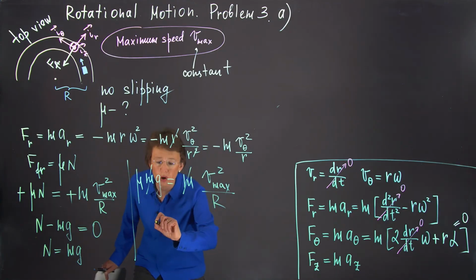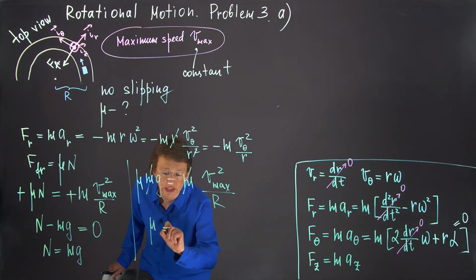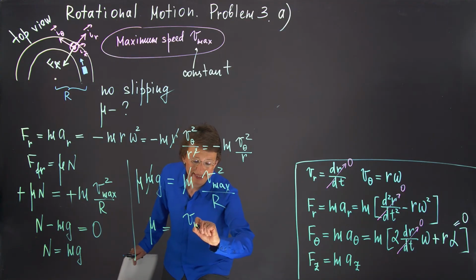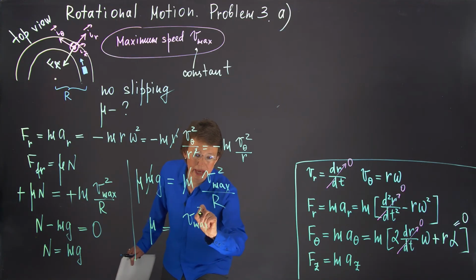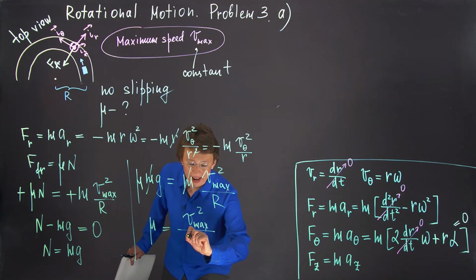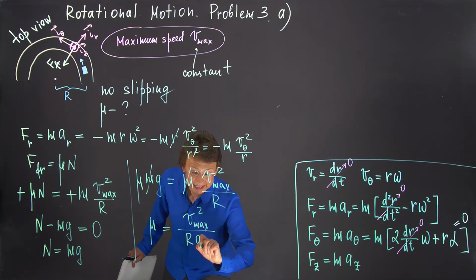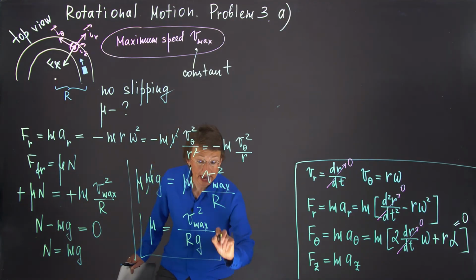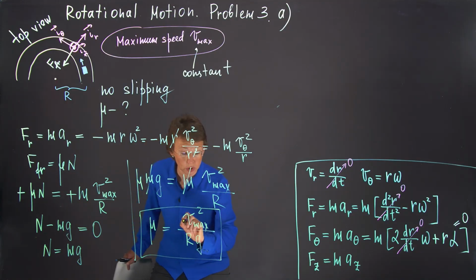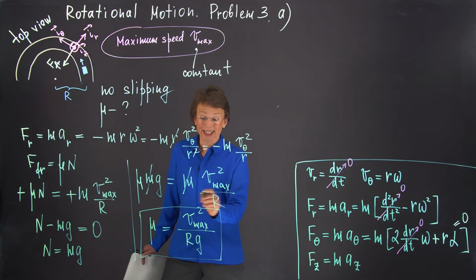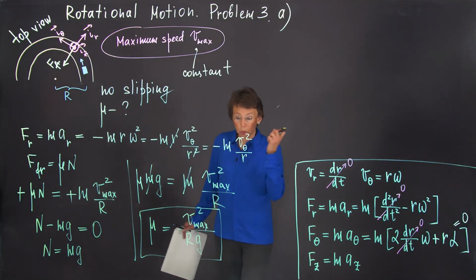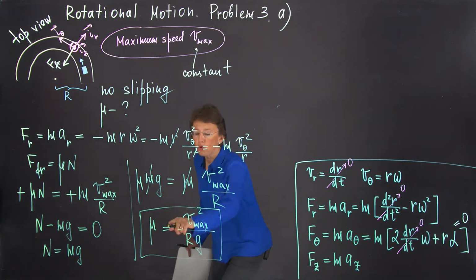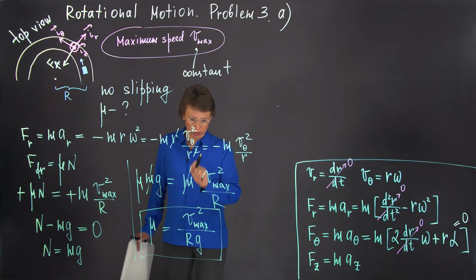So what is mu, the coefficient of friction that we are looking for? It is V maximum squared divided by r and g, the acceleration of gravity. We have the unknown mu on the left, and all known quantities on the right. Is the dimension right? Mu is dimensionless. Let's check the dimension.